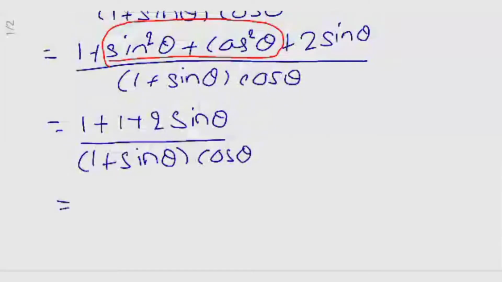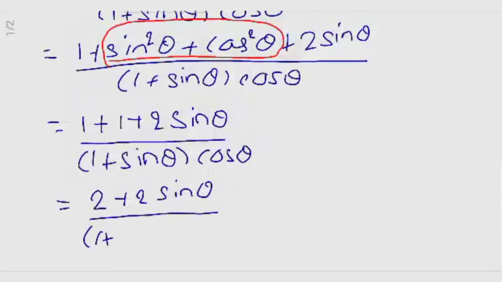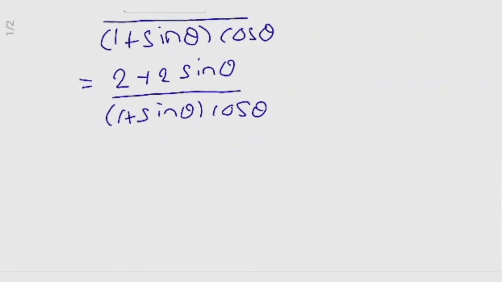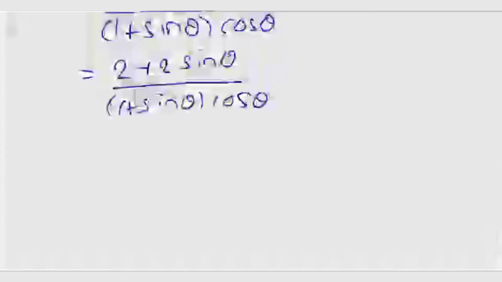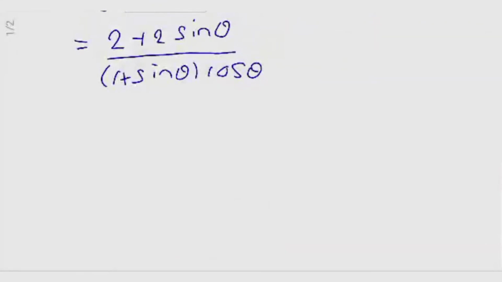So now here 1 plus 1 is 2, and 2 sin theta as it is, divided by 1 plus sin theta cos theta as it is. So now here, there is a 2 and here also 2. In these two terms 2 is common, so take it outside.